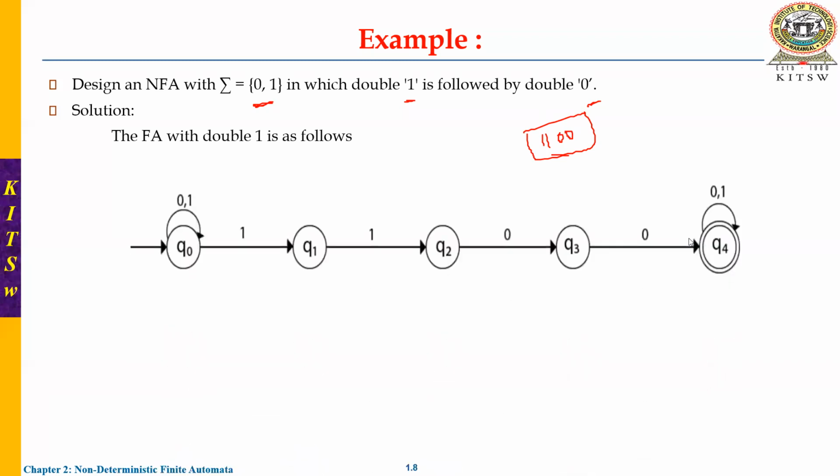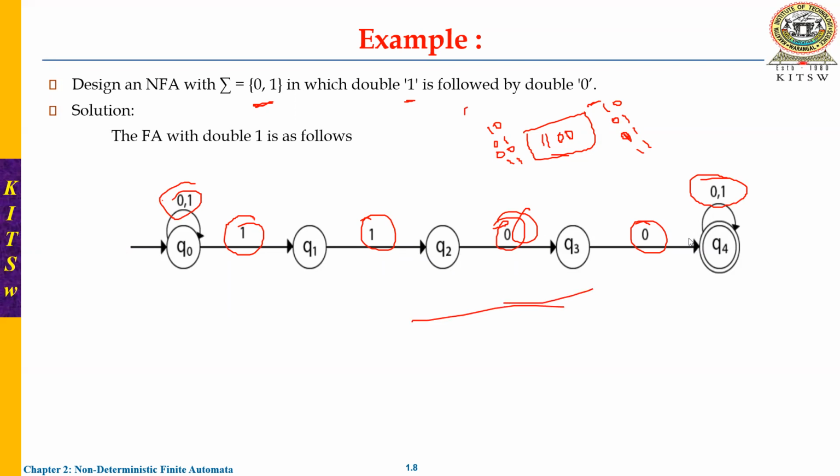The solution is this one: 1, 1, 0, 0, and whatever the substring comes before or after, it will be satisfied if you give 0 and 1 as self loops here. It is going to accept whatever string satisfies this condition.